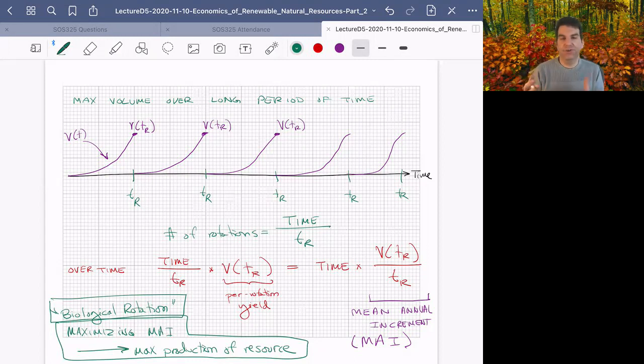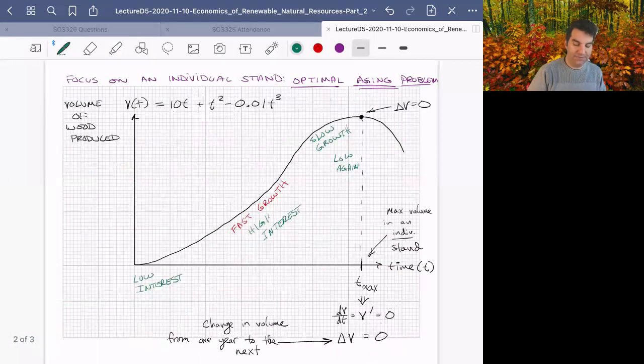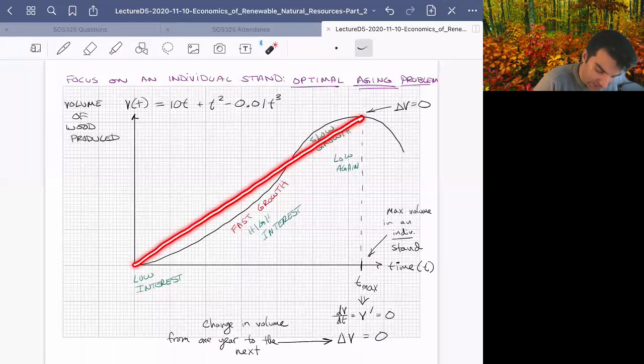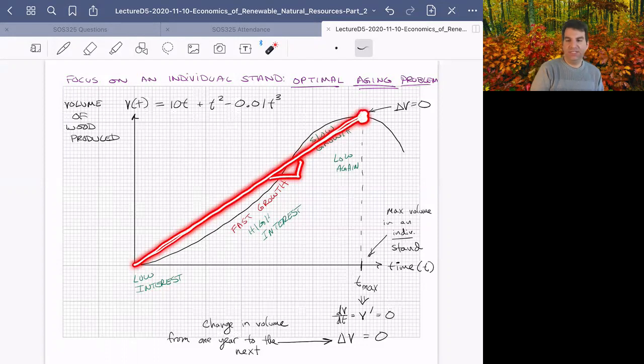I'm just going to sort of show you graphically as I did last time. And so the idea is that we go back to this graph here that we have, then the MAI at any particular rotation length is just the slope of the line that connects the origin to that rotation length. So the slope of this line gives you the MAI for T max, because that's just the rise divided by the run.